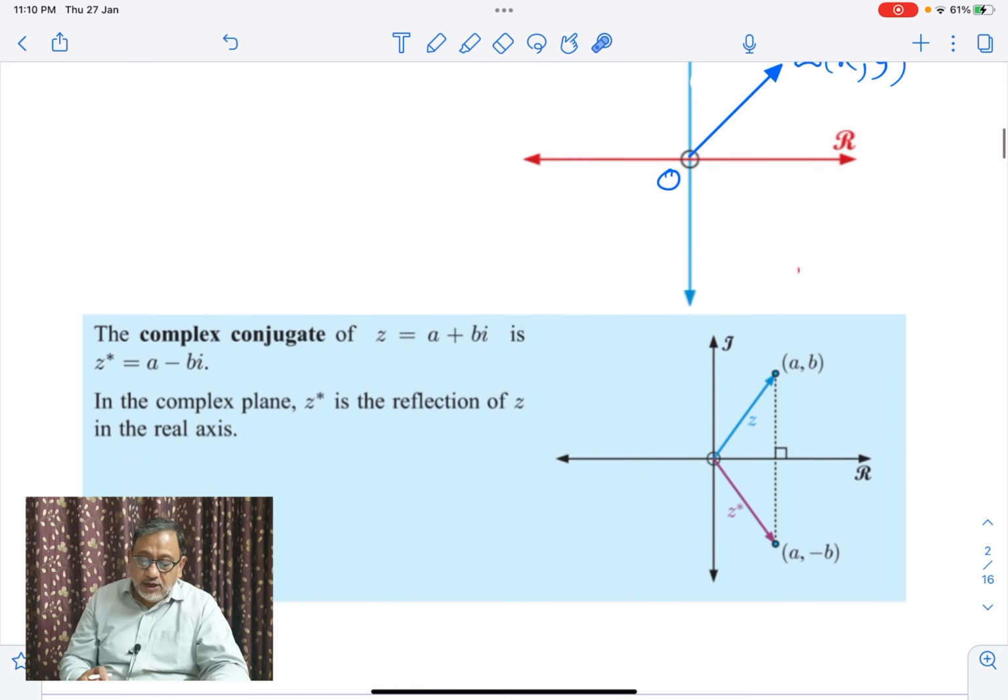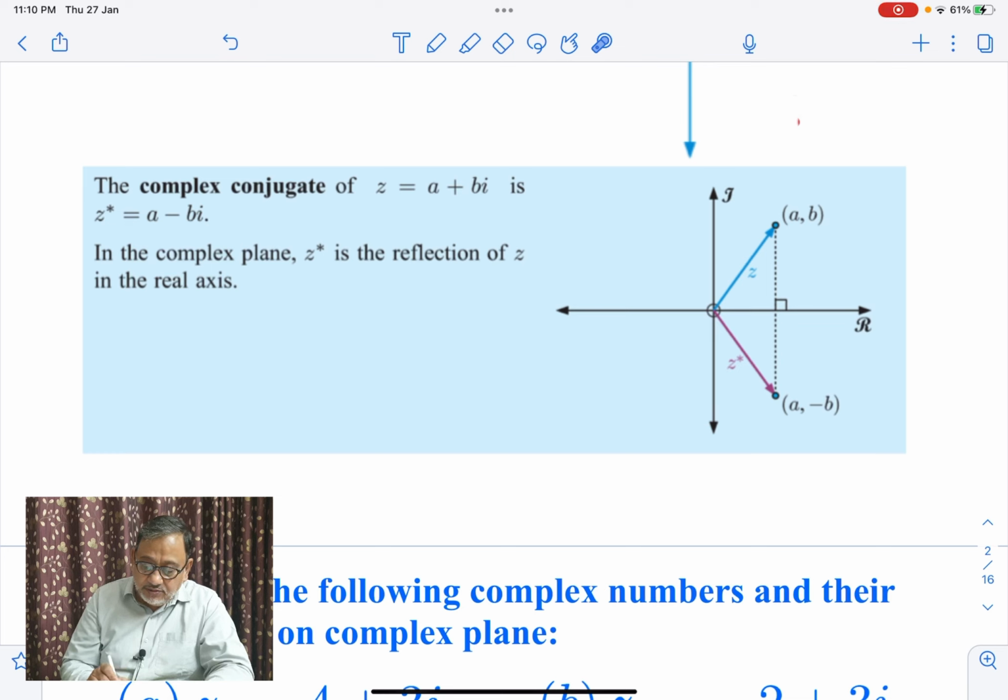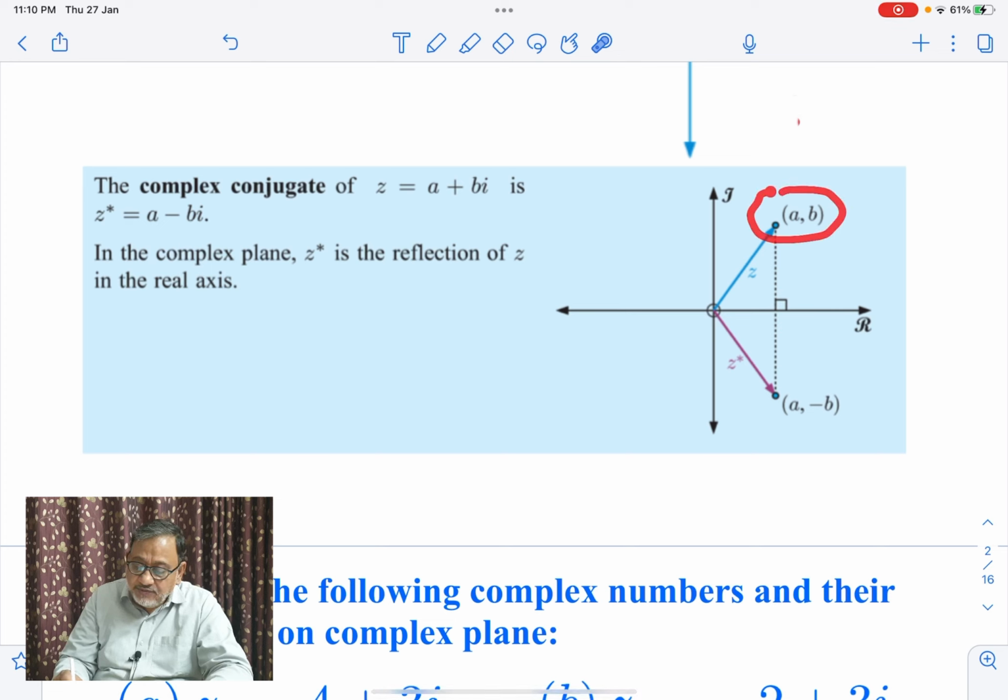Okay, then now the complex conjugate. How to represent a complex conjugate on the complex plane? So if z is equal to a plus bi, then its conjugate is given by a minus bi. Okay, so it is represented as the reflection of z in the real axis. So suppose this is the complex number z, which is represented by the point a comma b.